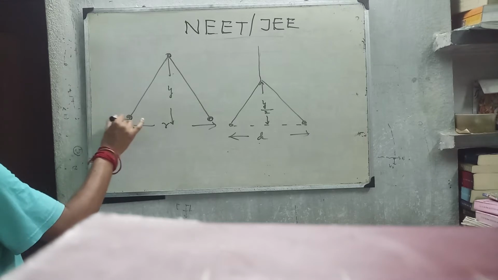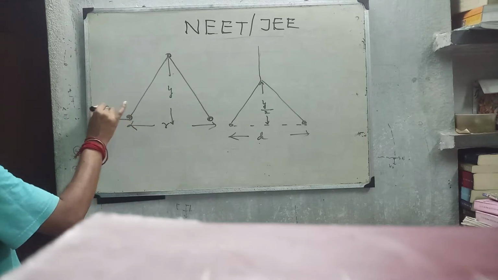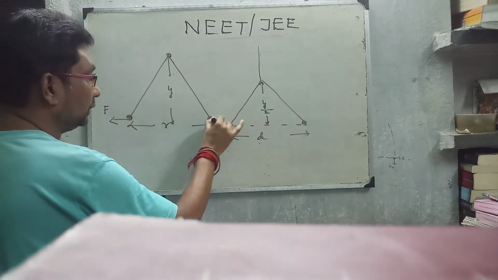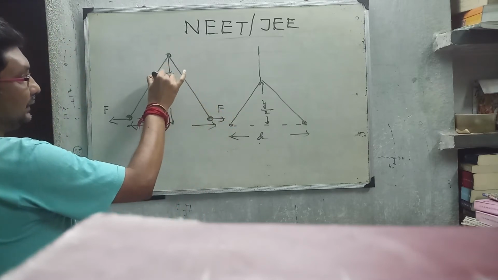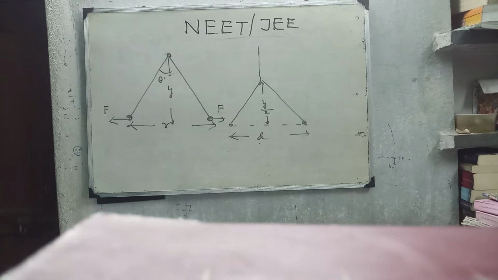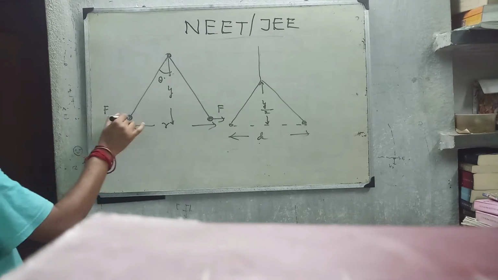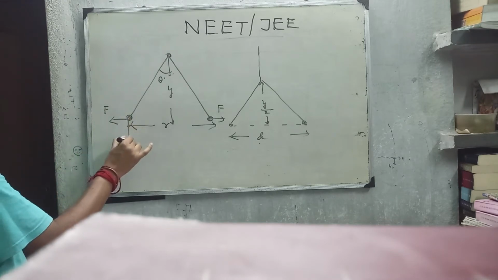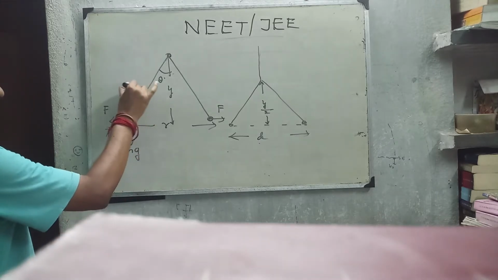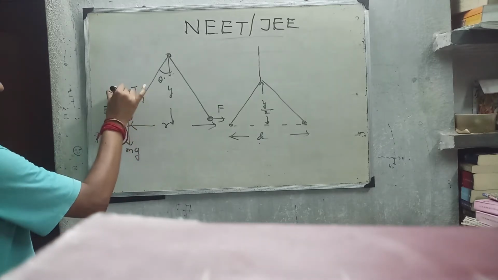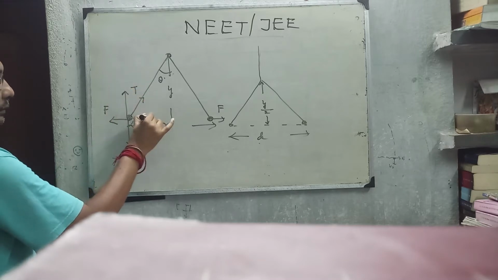Take the force F, the repulsive force between two charged bodies, and the angle is theta. The weight of the pith ball is mg. There is a tension T in the string. You can resolve it in two parts.